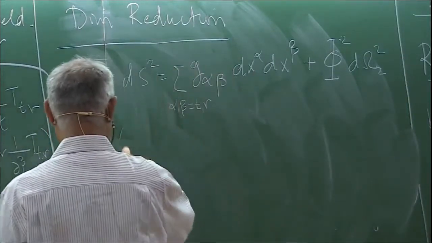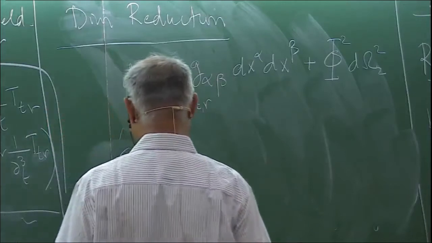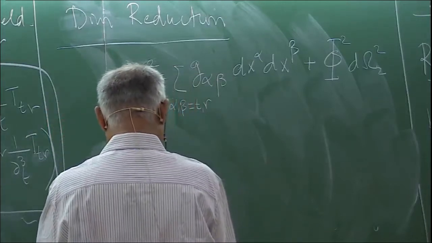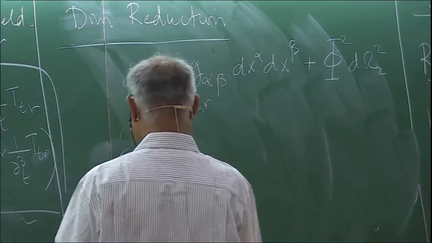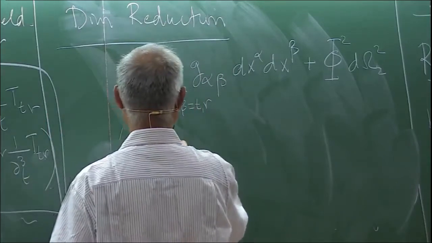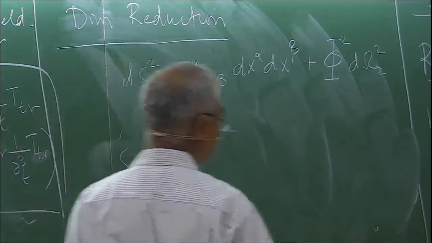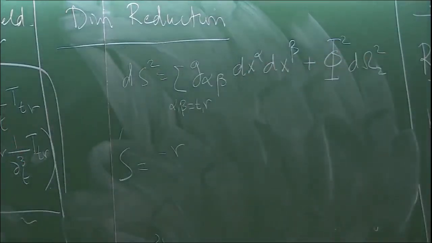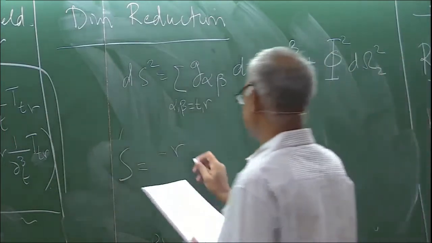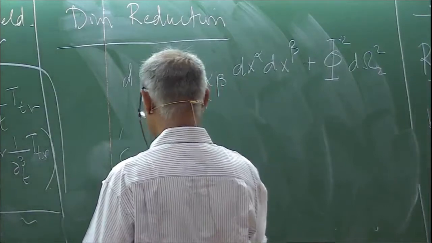We do some changes in frame and so on and so forth, which I will skip over. And here's what we get as the action. The action we started with, I really should have put a 1 over g Newton there. I'm sorry I didn't. But we start with has a 1 over g Newton. Okay, and so here what we get has got an RH square over g Newton.